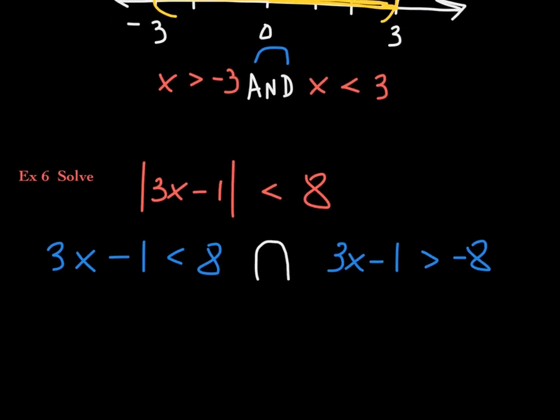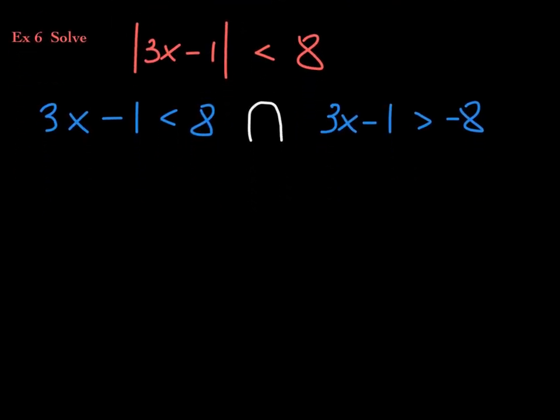All right, here we go, guys. Please notice this pattern. We're going to solve each one of these inequalities separately. On the left-hand side, I'm going to add 1. On the right-hand side, I'm also adding 1.